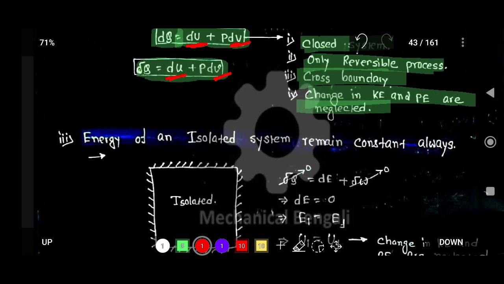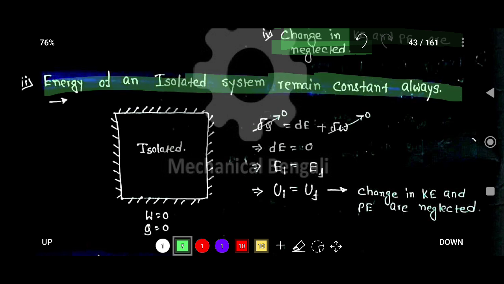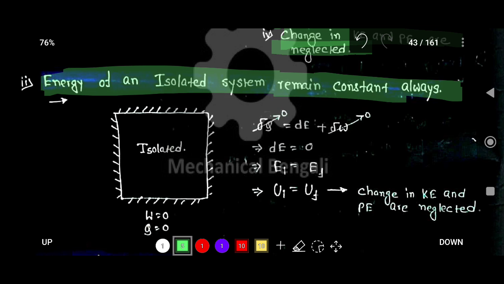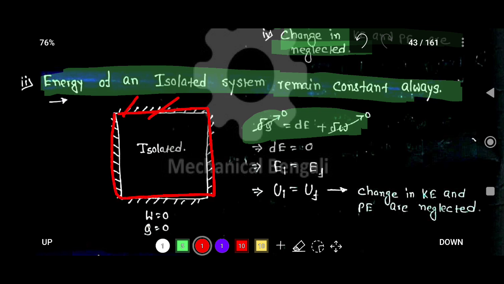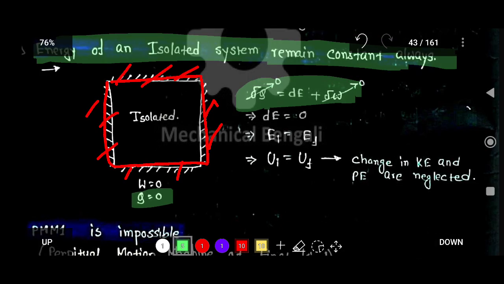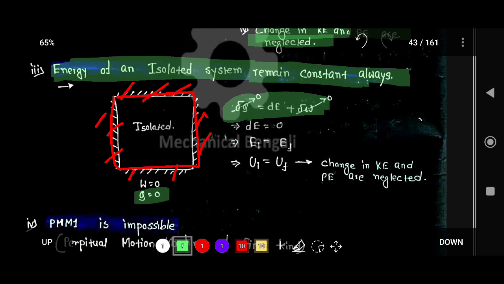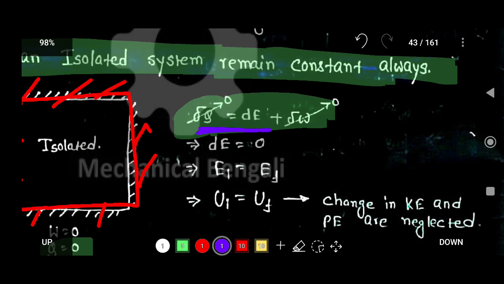Now the third consequence is that the energy of an isolated system remains constant. How do we know? From the formula δQ = dE + δW. Suppose we consider an isolated system, that means there is no heat transfer, so Q = 0.